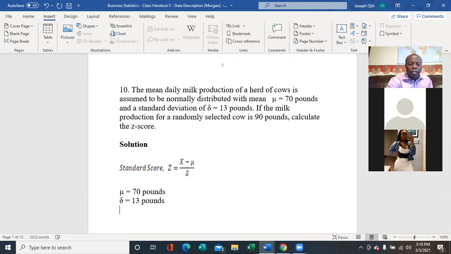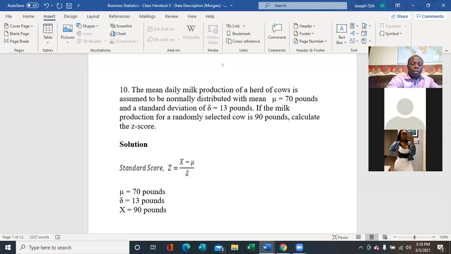The cow is selected on x, and it says if the milk production of a randomly selected cow is 90 pounds, calculate the z-score. So for that cow, x is 90 pounds.